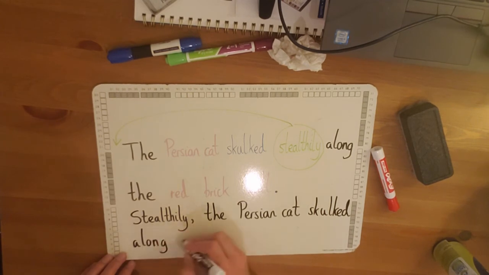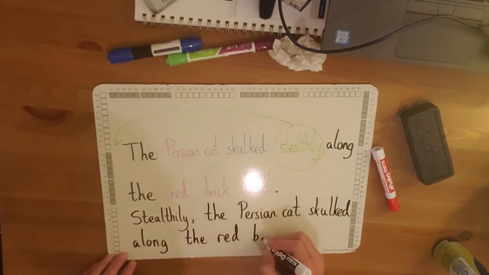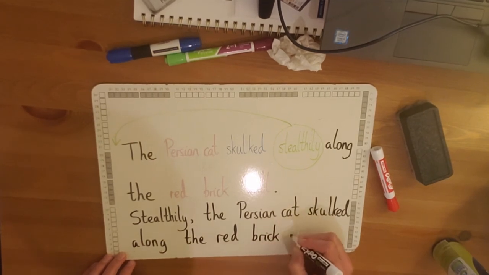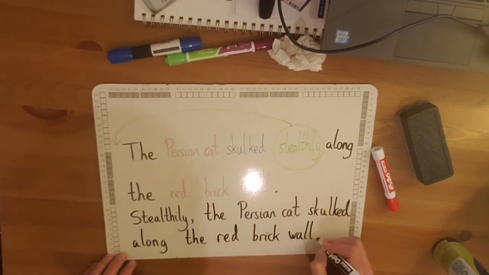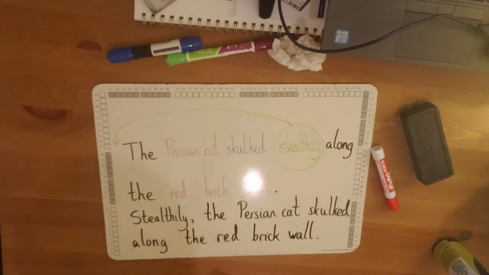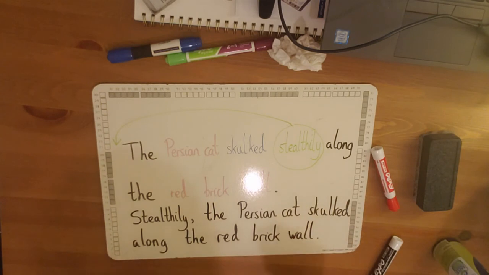Along the red brick wall. So stealthily, the Persian cat skulked along the red brick wall. So that's what that could end up looking like.